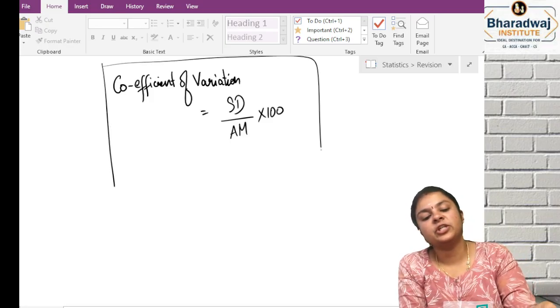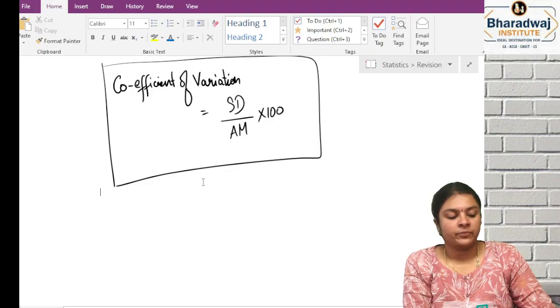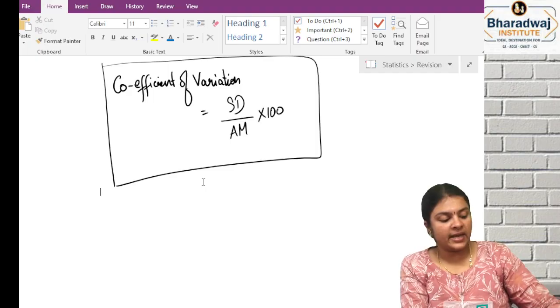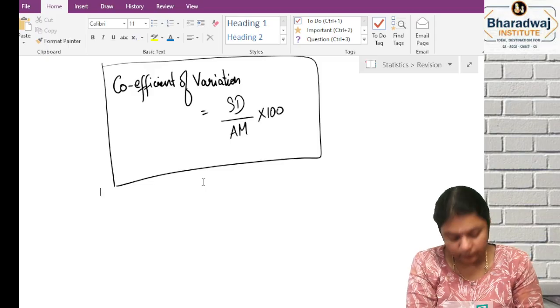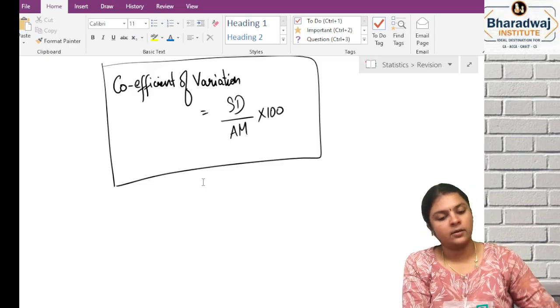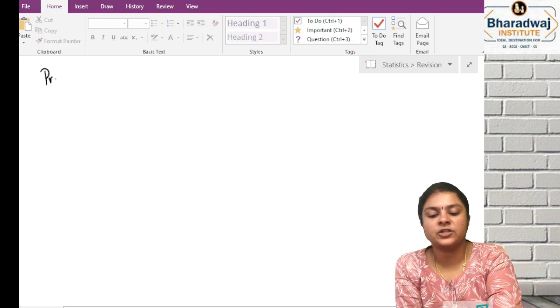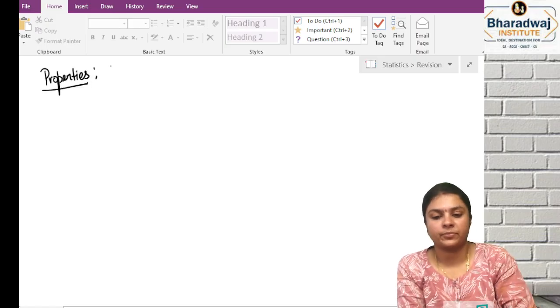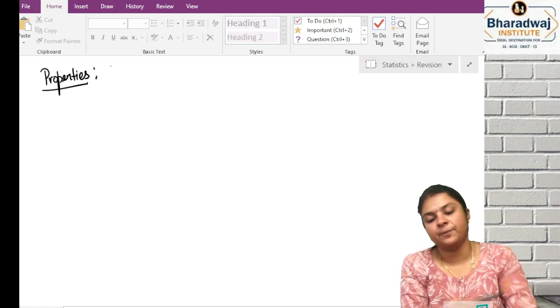This is coefficient of variation. Okay, so with this we summarize the 4 measures of dispersion. Now let us go to the properties of measures of dispersion.